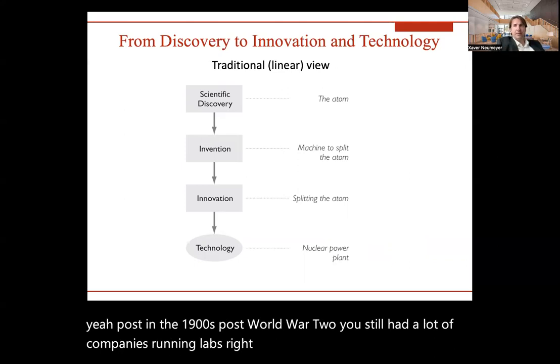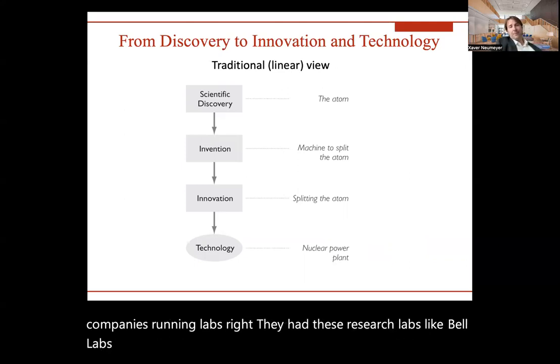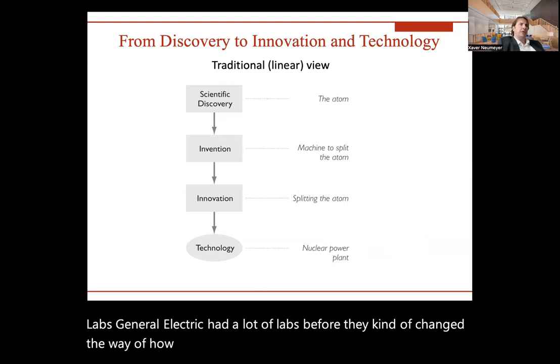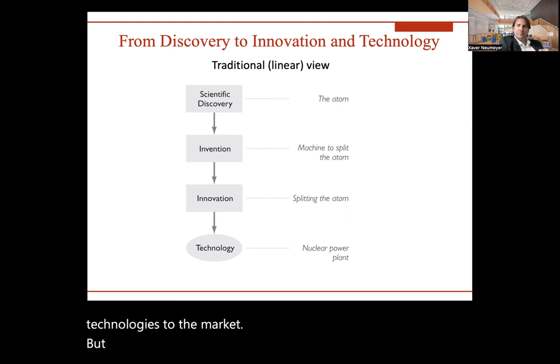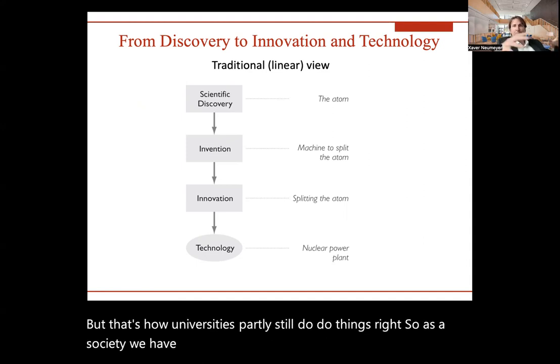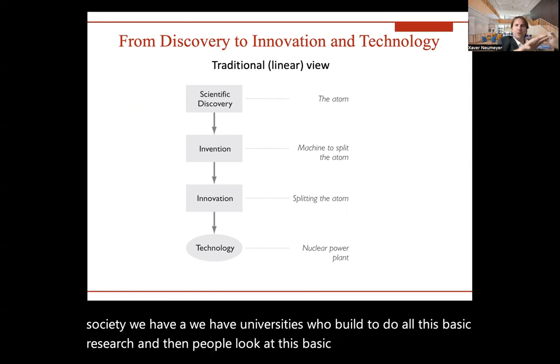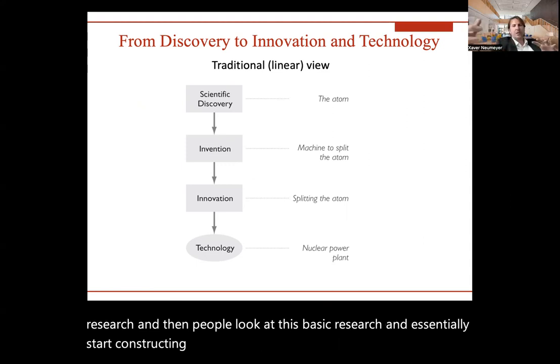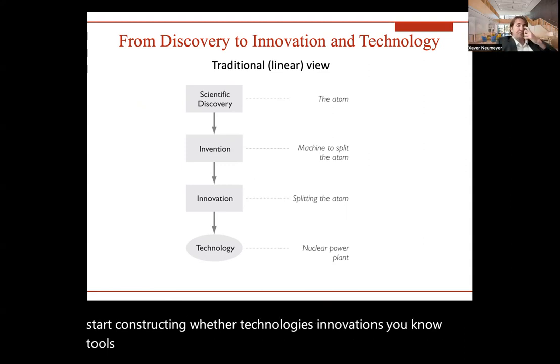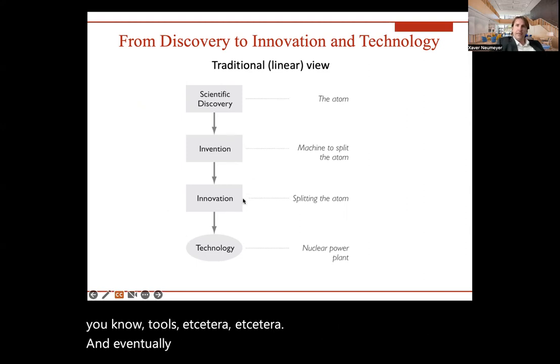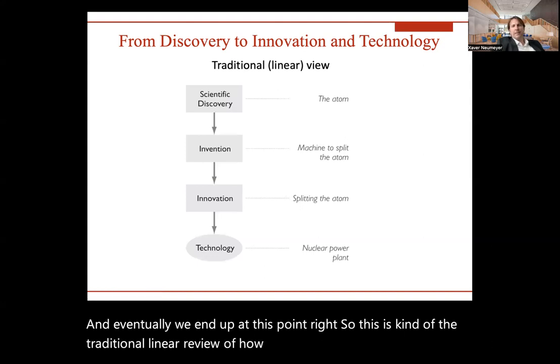They had research labs like Bell Labs, and General Electric had a lot of labs before they changed the way they innovate and bring technologies to the market. But that's how universities partly still do things, right? As a society, we have universities who do all this basic research, and then people look at this basic research and essentially start constructing technologies, innovations, tools, etc. And eventually we end up at this point, right? So this is the traditional linear view of how new technologies come to pass.